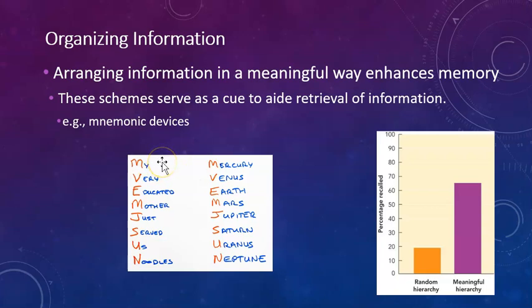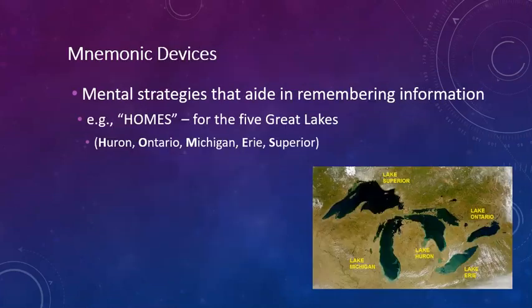So instead we've got, my very educated mother just served us noodles. Okay, so now, because you can say the sentence, you've got the first letter of the order. Now, the only ones you really need to remember which one comes first is mother and my, so that's Mercury and Mars. But in general, this will help you get the majority of them in the correct order. And so that's an example of a mnemonic device.